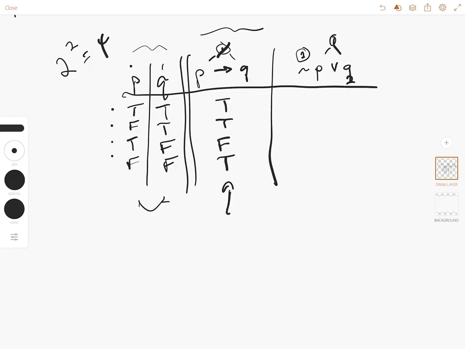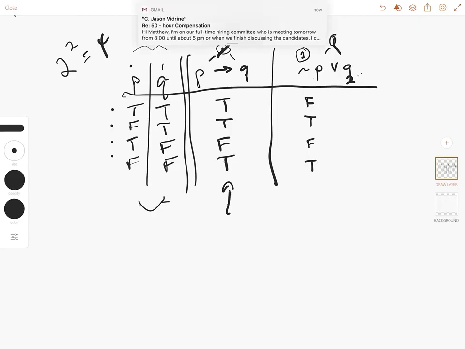For the first row, when P is true, not P is false. If P is false, not P is true, false, and true for those rows. Now, what we need to do is give the value of the level 2 operator, not P, on one side, and the value of Q for each row on the other side to this OR, and that OR is going to give us an output.